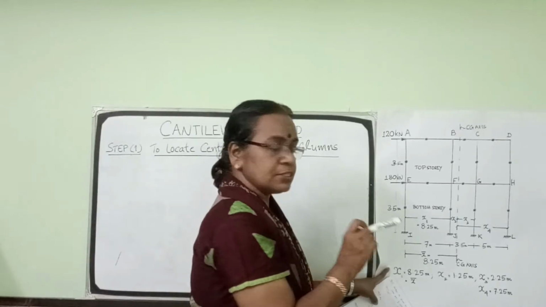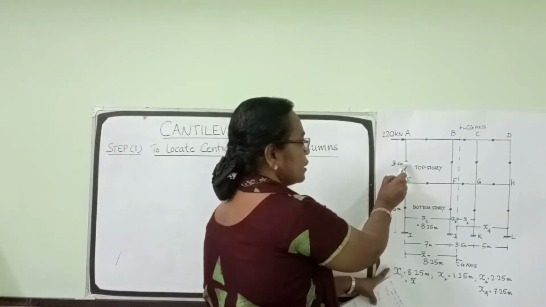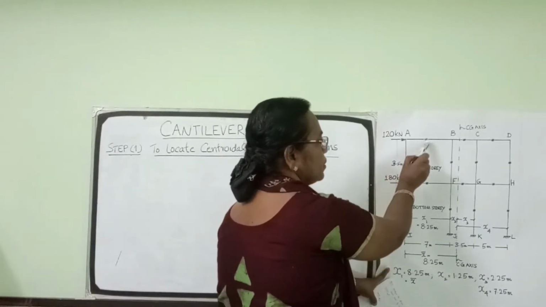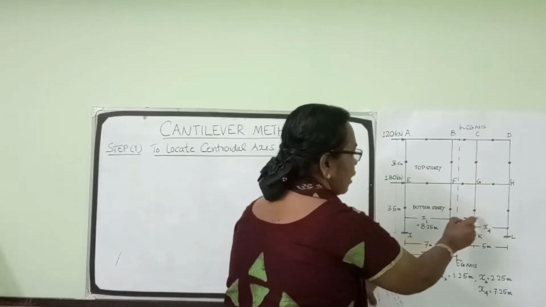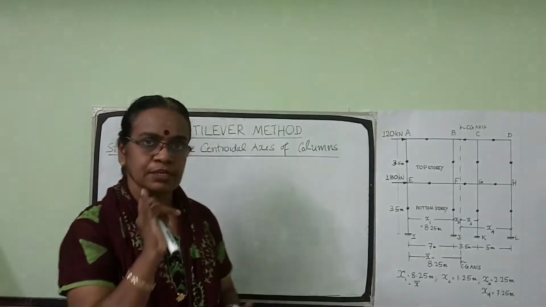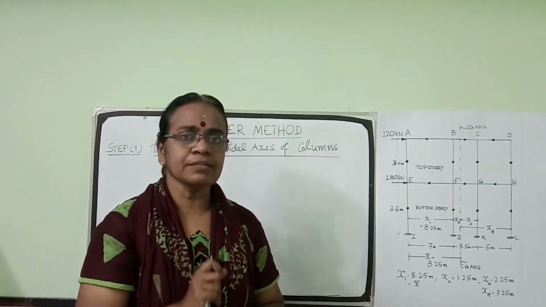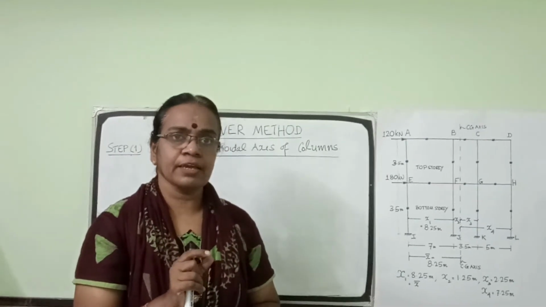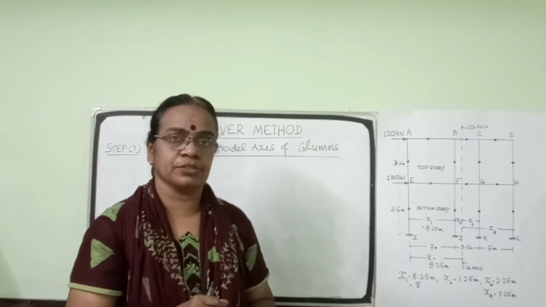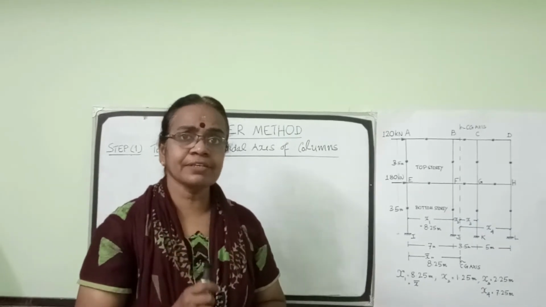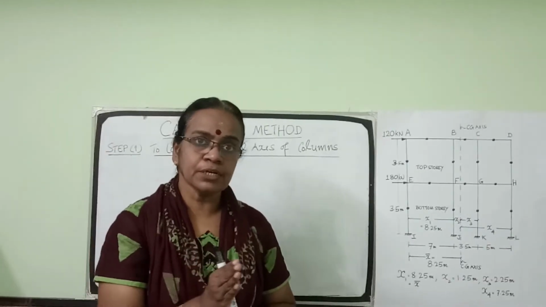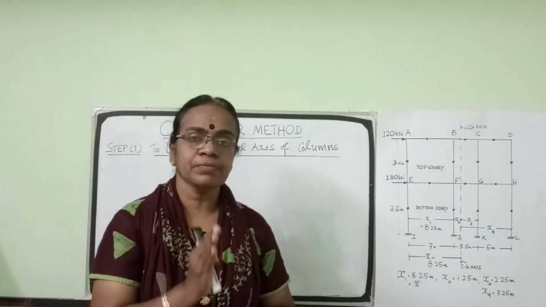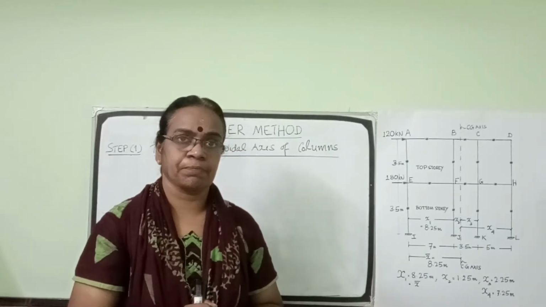So the first assumption is there is a point of contraflexure at the midpoint of columns and beams. All the midpoints are marked as points of contraflexure. That's the first assumption. The second assumption is, in this case, we consider the area of cross section of columns, that is, the axial stress in the columns is proportional to its distance from the centroidal axis of the frame.